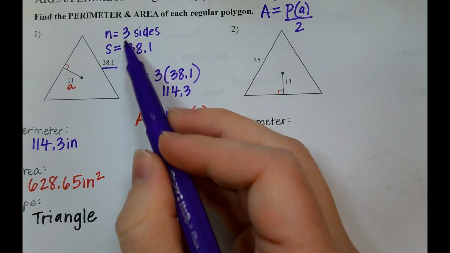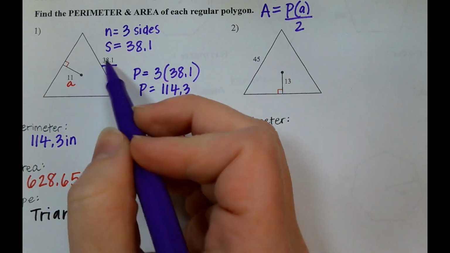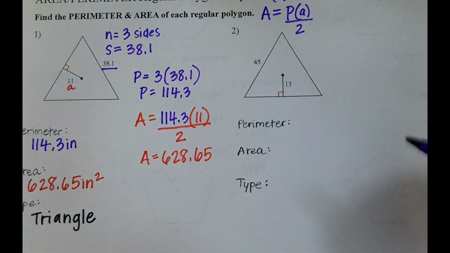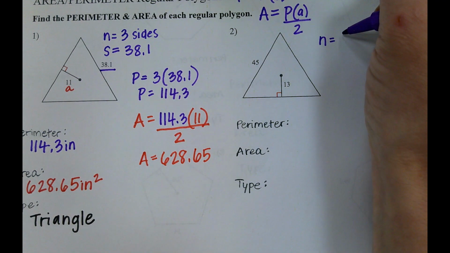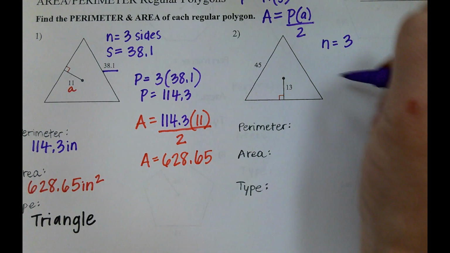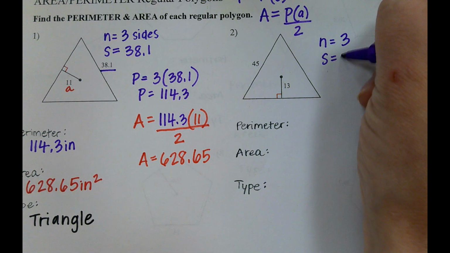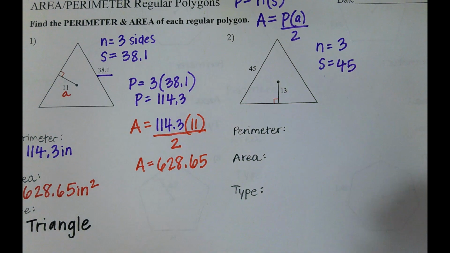Start the same way we did here, where we label our different variables. We have N, S. It's a triangle too, so N is 3 sides. Our S would be 45. Good. And then we can start from there.